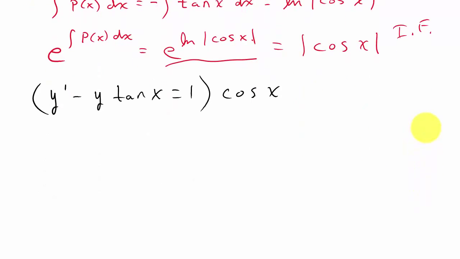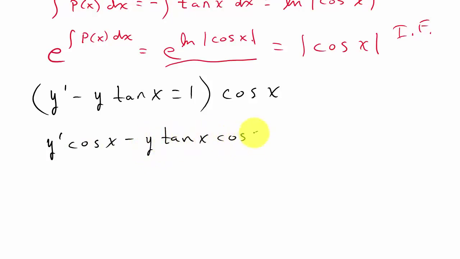Alright, so when I multiply this through, I'm going to get y prime cosine x minus y tangent x times cosine x equals cosine x. And this is going to give me y prime times cosine x minus y times, now let's look at this, tangent x times cosine x.